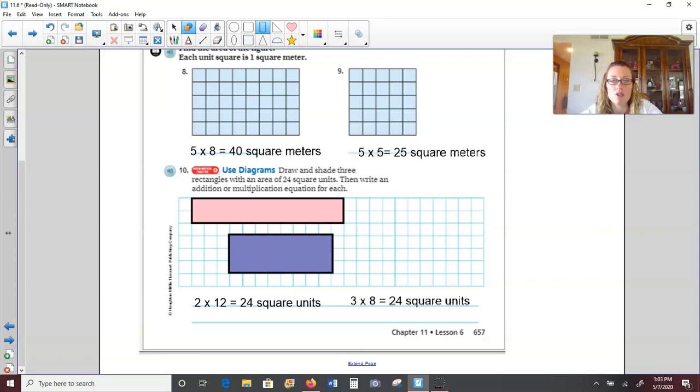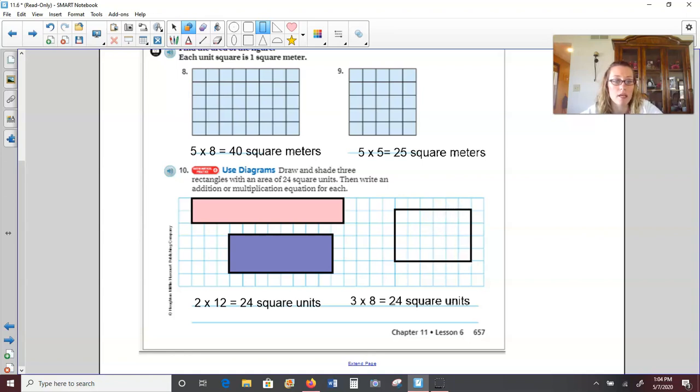Let's see if I can do a rectangle that has 4 rows. 1, 2, 3, 4. 4 rows. So 4 times what equals 24? 4 times 2 is 8, times 3 is 12, 4 times 4 is 16, 4 times 5 is 20.